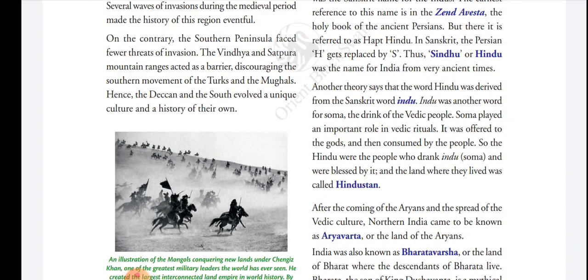First, the soma was offered to God, and then they consumed it, meaning they drank it. So the Hindus were the people who drank this and were blessed by it, and that land where they lived is known as Hindustan.